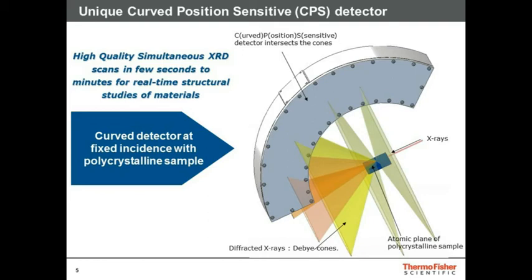These Debye cones then intersect with the detector and are detected, and therefore form the diffraction pattern, which can afterwards be analyzed. This detection has the big advantage that it happens in real time, covering up to 110 degrees 2 theta, which is the diffraction angle for our benchtop instruments.